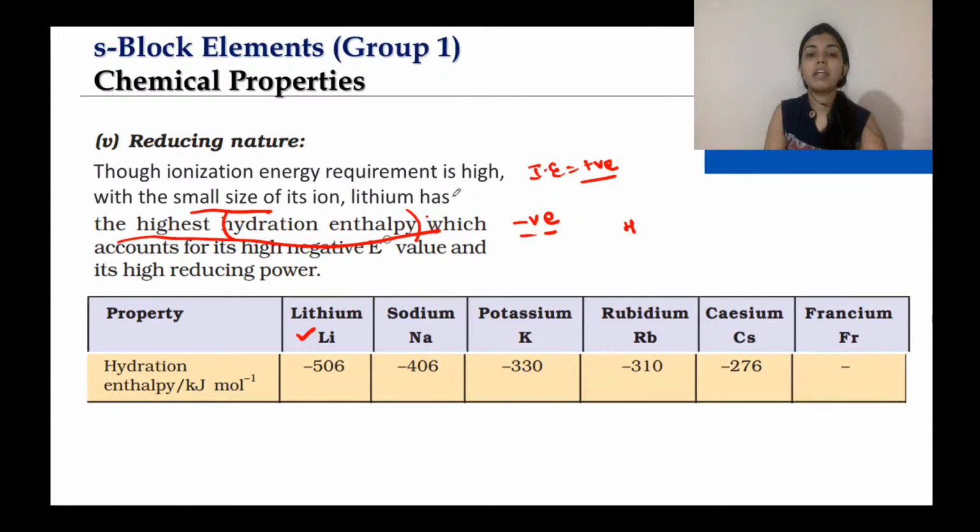That is why the electrode potential of lithium is the most negative, which accounts for its high reducing power. High reducing power means that lithium itself will get oxidized to lithium plus and it will reduce the other species which is present.